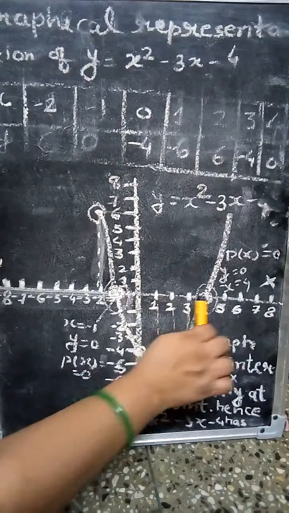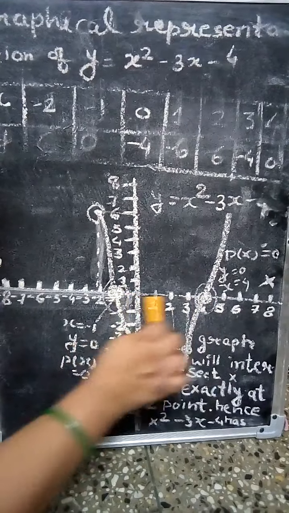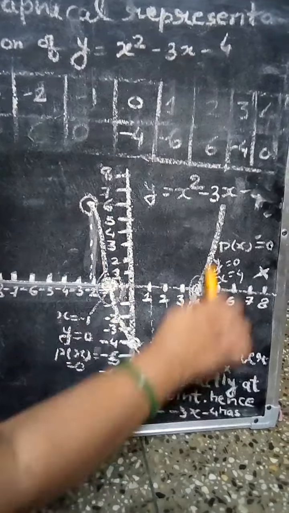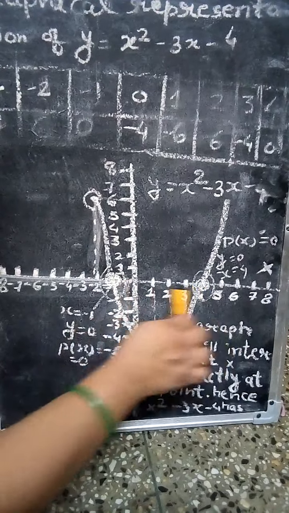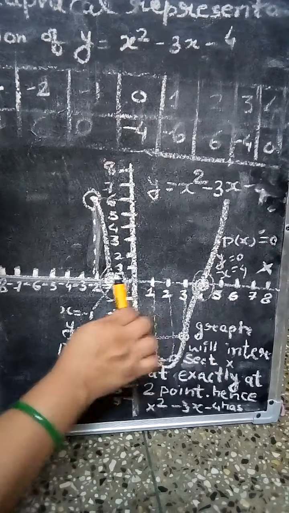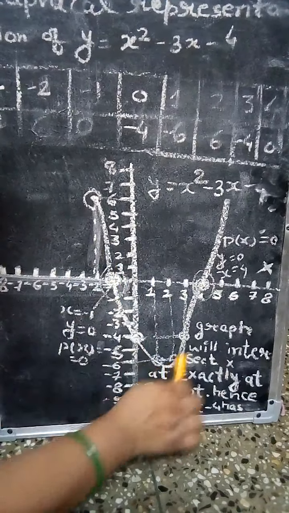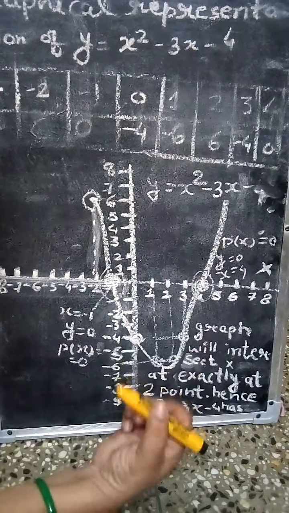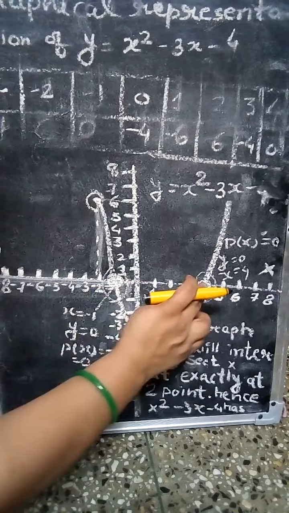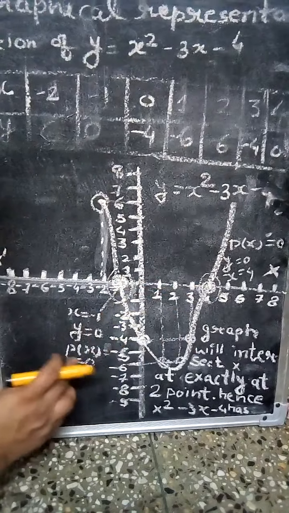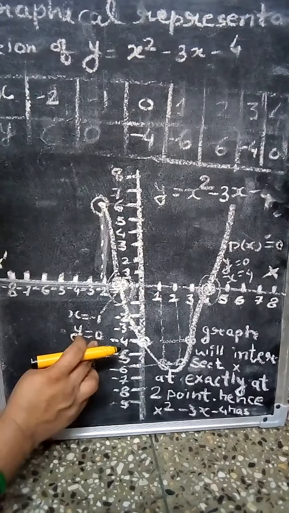So these two values where the graph is intersecting the x-axis are the roots of the polynomial. Clearly you can see the graph is intersecting at 2 points. That means the quadratic polynomial has exactly 2 roots, and these are the values where the polynomial p(x) is equal to 0 or y is equal to 0.